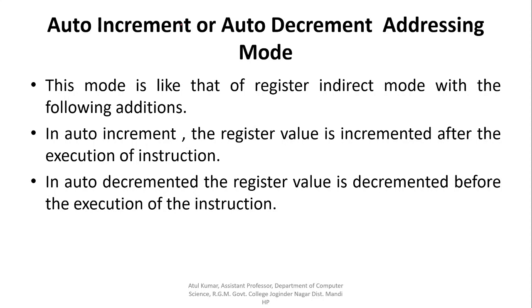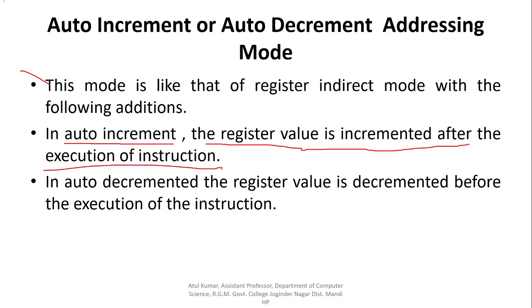The next addressing mode we have is auto increment or auto decrement addressing mode. This kind of addressing mode is like register indirect addressing mode with the following additions. Auto increment means to increase the value. In case of auto increment, the register value is incremented after execution of the instruction.